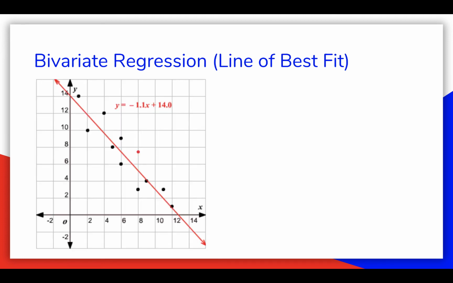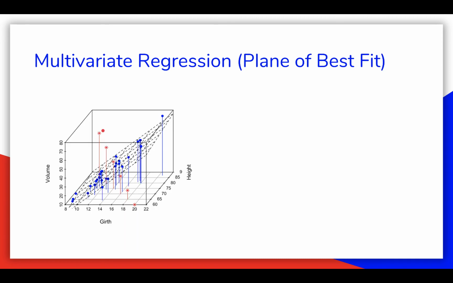The logic is really similar to this. It's trying to minimize the distance between our observation and our line of best fit. In this case, we're just trying to minimize the distance between our observation and the plane of best fit. It's very similar logic here.